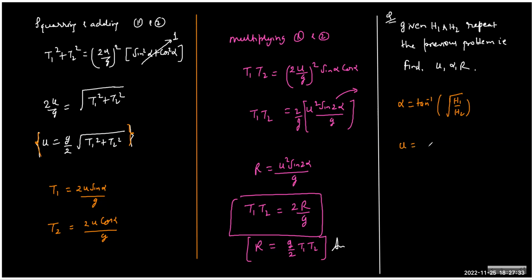Sir, it is under root 2g (H1 plus H2). Very good. That's correct. And the last part. Sir, it is 4 under root H1 H2. Like this, right? Yes, sir. All are correct. Very good.